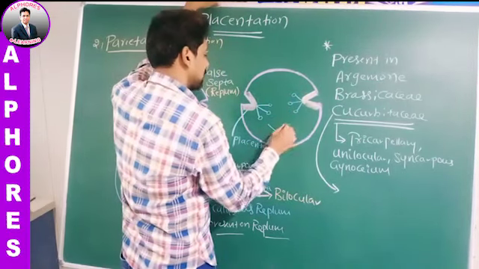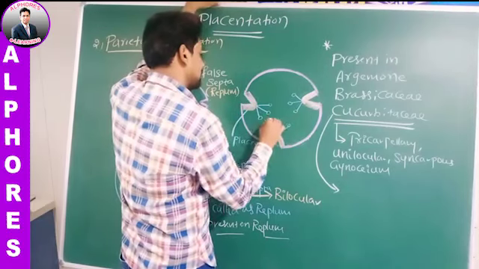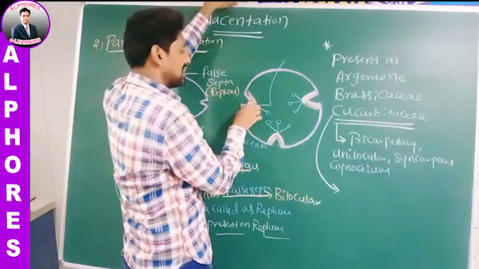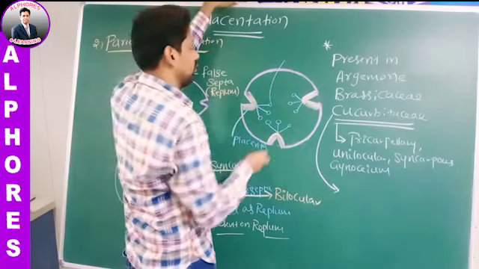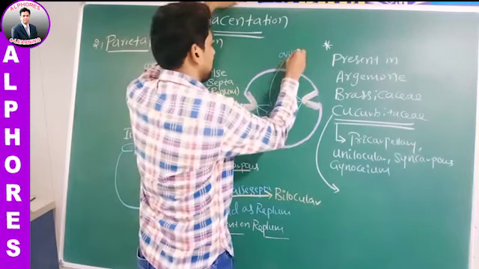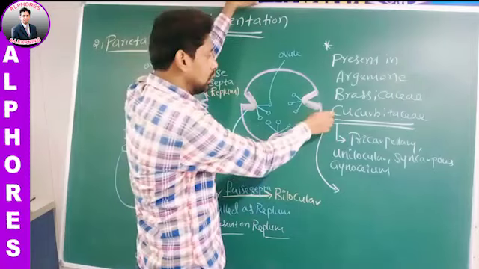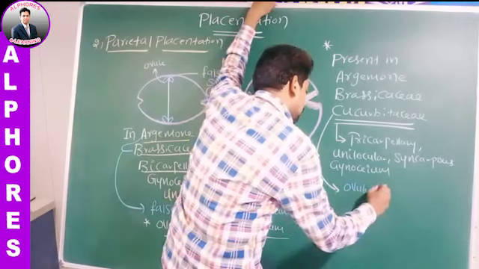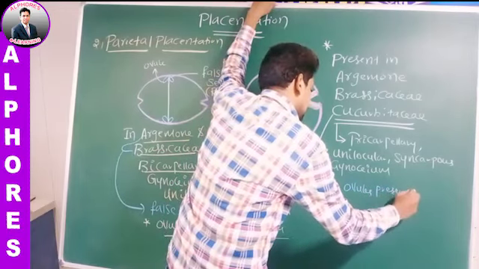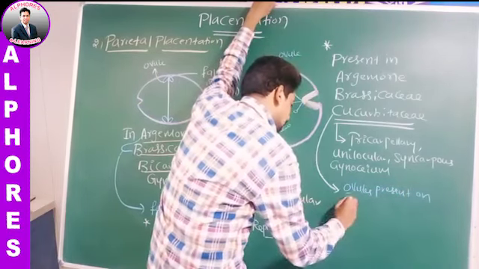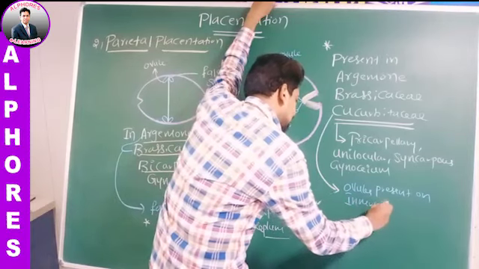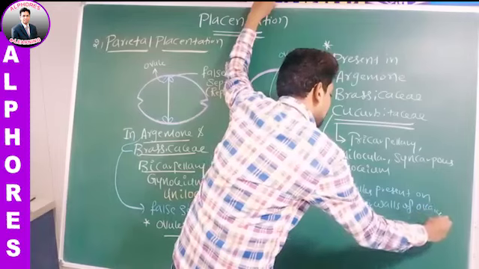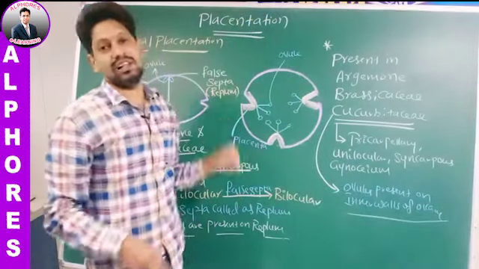Therefore, ovules are present on the placenta, which is on the inner walls of the ovary.